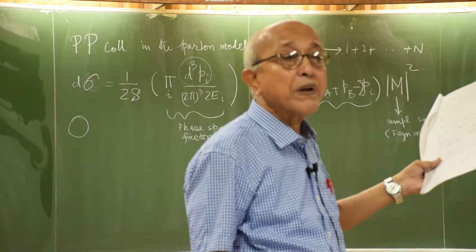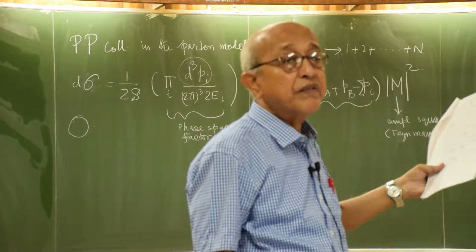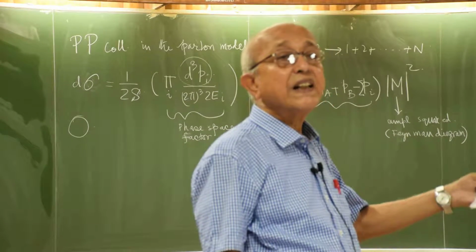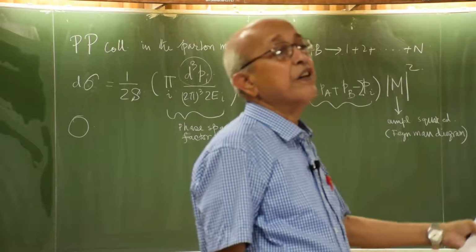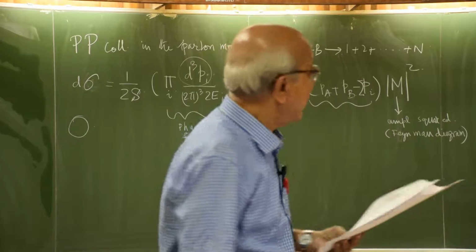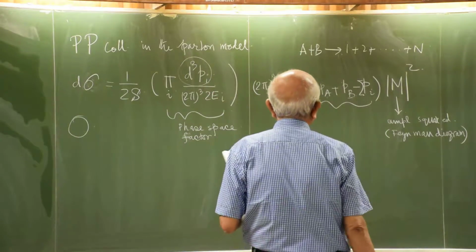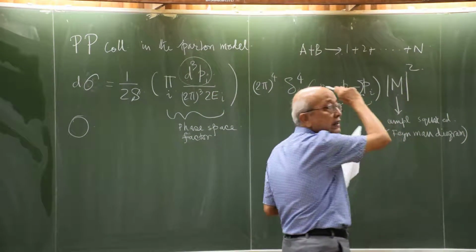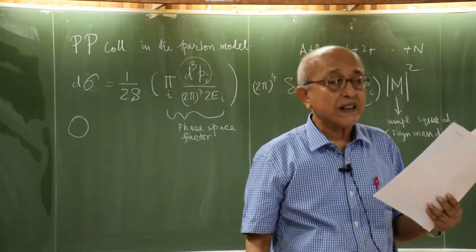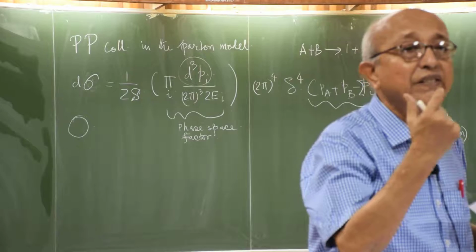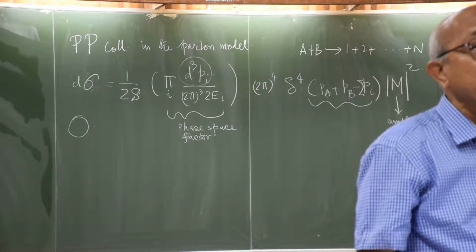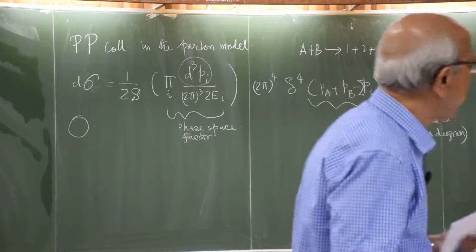Pi, remember, is a momentum in the final state. Therefore, this is a probability kind of factor. Actually, this comes from statistical mechanics. The matrix element gives you the probability from dynamics, and the phase space gives you the probability of kinematics. That is, what are the values of the final state momenta subject to energy momentum conservation.